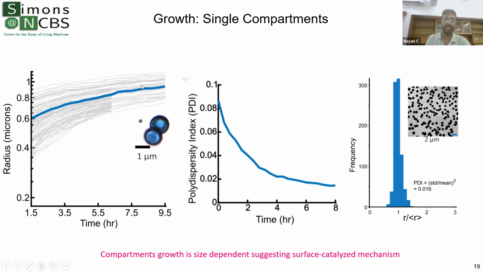And also clearly there is a growth rate dependence on the size of the microspheres, which suggested to us that it's not a simple precipitation process through which it's growing, but more or less a surface catalyzed mechanism.